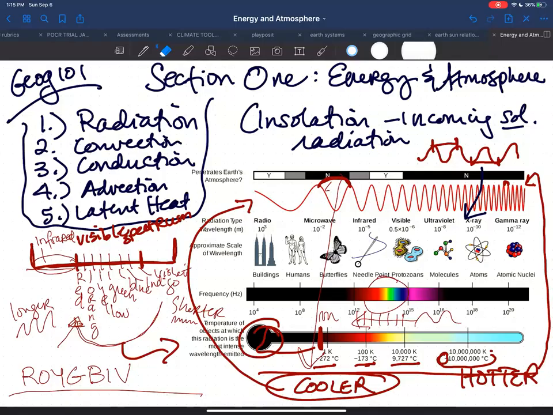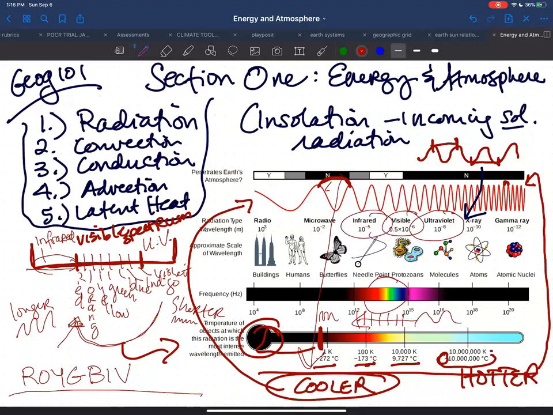Okay, so I want you to know that infrared is on this side of the red. It's longer wavelengths. On this side, we're going to have shorter than violet. The wavelengths on the shorter side of the visible spectrum are called UV, for ultraviolet radiation. You guys can see this here: ultraviolet, visible, infrared.